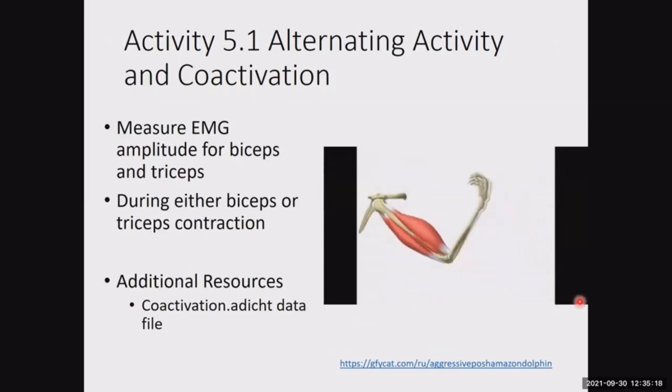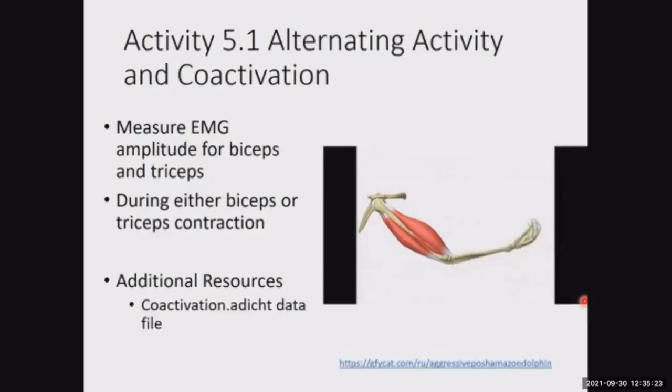The first activity is alternating the biceps contraction and the triceps contraction. We're going to measure the EMG amplitude on both the biceps and the triceps, and then compare them. In terms of additional resources, we have a data set for co-activation if you run into difficulties or are unable to attend the laboratory setting.